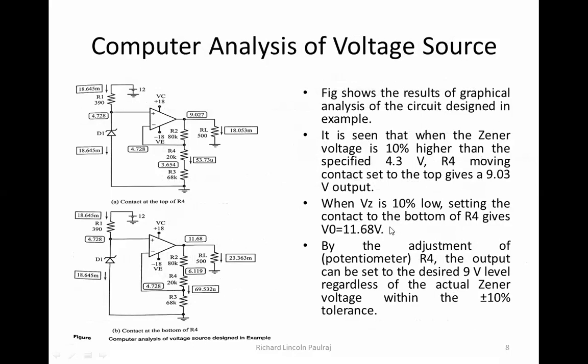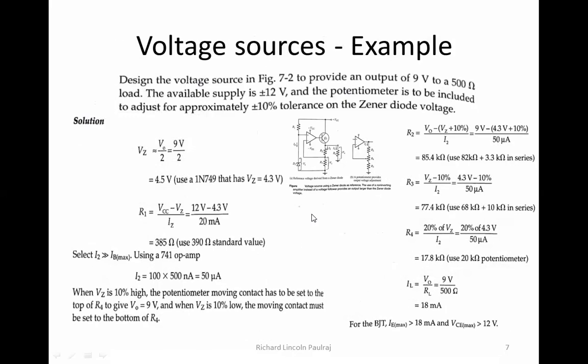Let us compare a few values. We have the output voltage at about 9 volts. Yes, 9 volts, that is what is specified, and VZ is taken as 4.5, which is divided by 2.